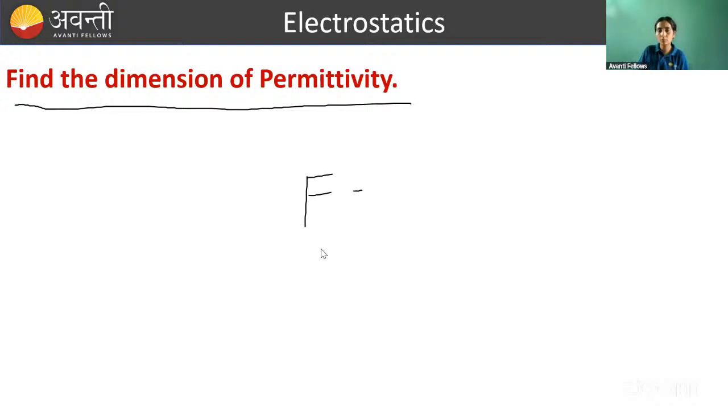Force वाला कूलम एक ही इक्वेशन अभी तक हमने पढ़ा है, 4 pi epsilon Q1 Q2 by R का square. So calculate the dimension of permittivity. For that you should know the dimension of force, the dimension of charge, and the dimension of distance. Do it.